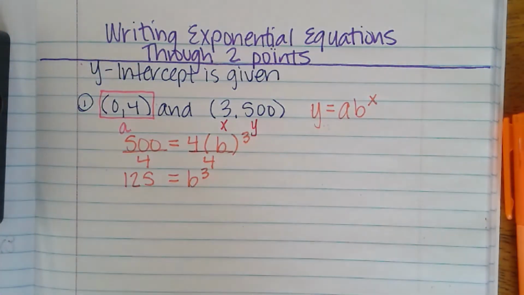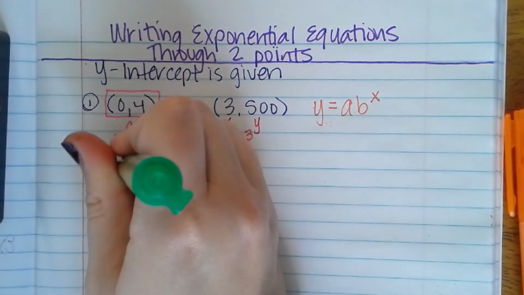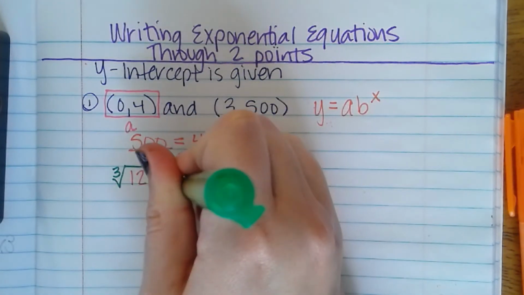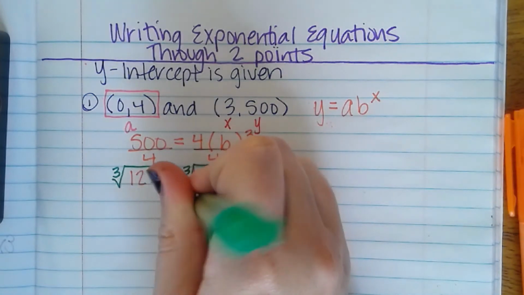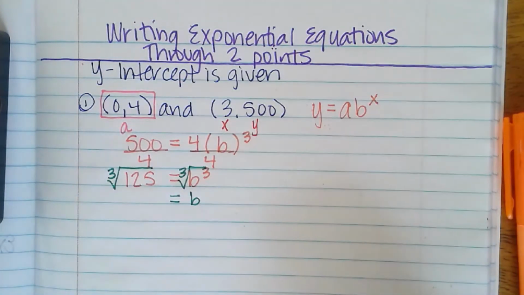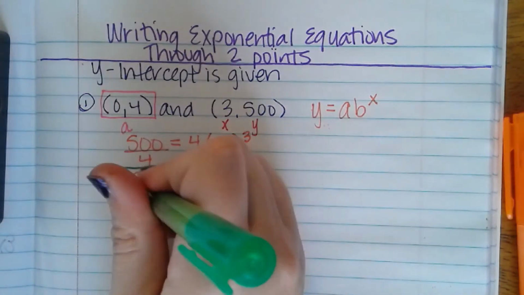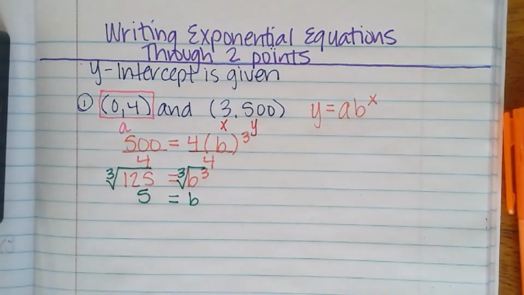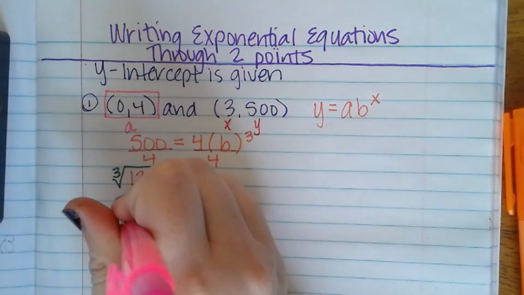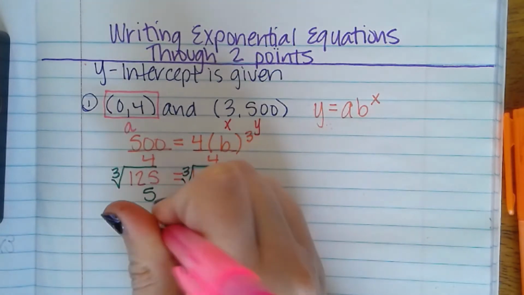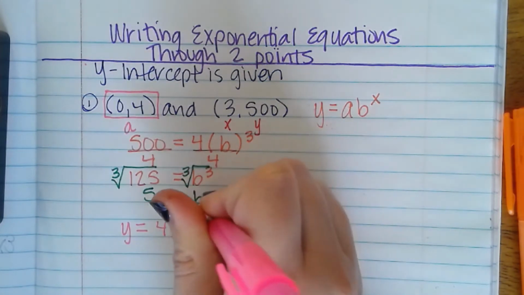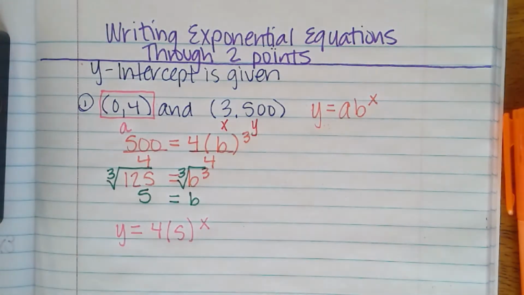And then finally, to get b by itself, we need to take the cube root of both sides to get rid of that cubed power. So it gives us b on the right-hand side, and then the cube root of 125 is 5. Which then leaves us with enough information to write our equation. So our equation is y equals 4 times 5 to the x power.